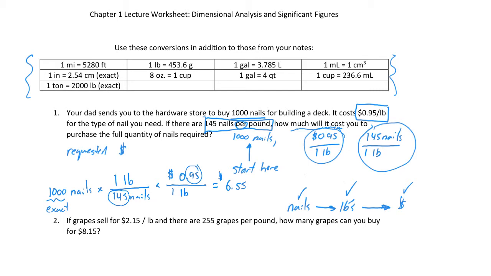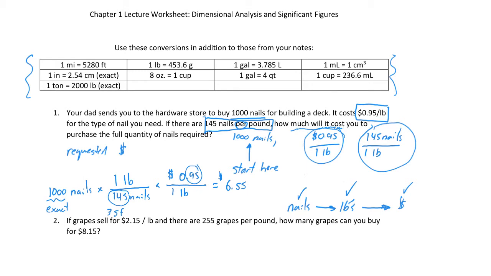Now, supposedly every box would contain 145 nails. However, it's likely that there's some kind of automated machine doing that, and errors are definitely possible. So I would say that this is roughly approximate, and it would be safe to say that it's 3 significant figures. Now, of course, that is a counting number, so this is up for debate.